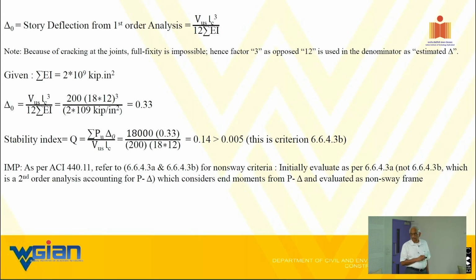And again, this is the ACI suggested procedure. Please look at section 6.6.4.3b. As per the ACI, for non-sway criteria, initially evaluate as per the code, which considers the end moments from P delta, and evaluate it as a non-sway frame.